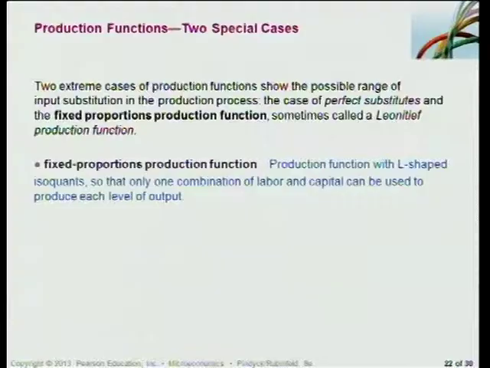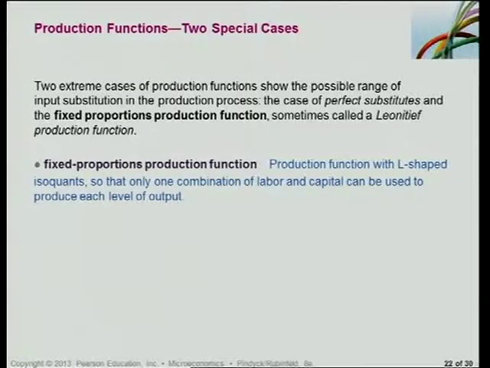But we also look at the theory. So the first one is what we call the fixed proportion production function, and then also what we call the perfect substitutes. Now, the shape of the production function for perfect substitutes will be different from the fixed proportion production function.